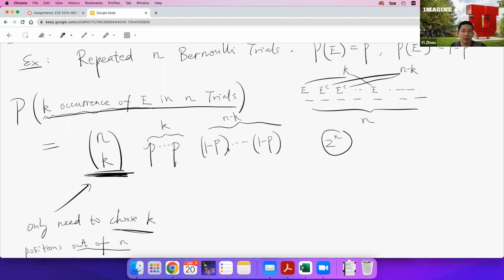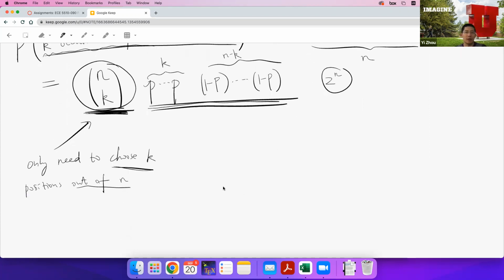So you repeatedly multiply them N minus K times. So this is the probability of each outcome of this event. Whenever you see K number of E and N minus K number of E complement, this is the probability, because all the different trials are independent. So this is the same for all different outcomes in this event. And this is the total number of such outcomes that belongs to this event.